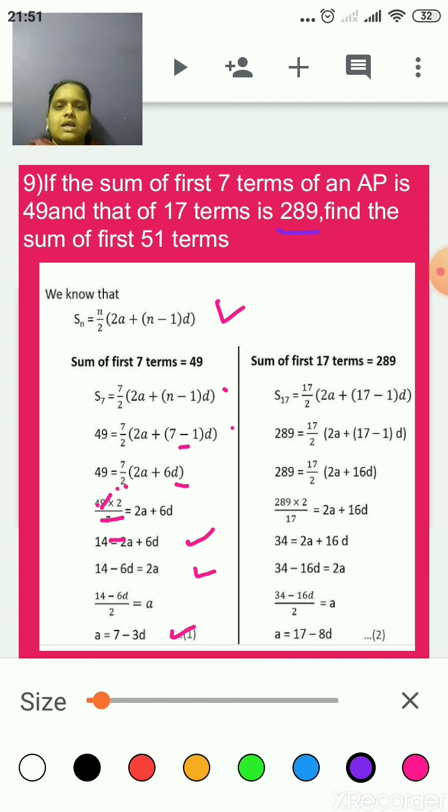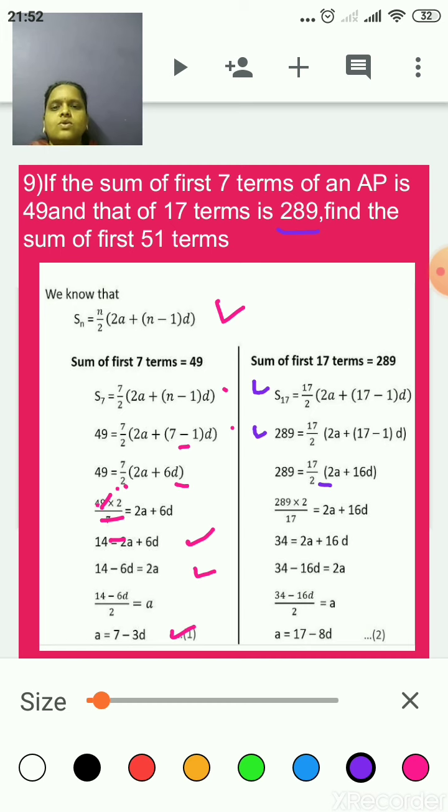For that again I have used the same formula, the same substitution. Now S17 value is given as 289. 17 by 2 in the bracket 2a plus 17 minus 1 into d. 289 equal to 17 by 2 in the bracket 2a plus 16d. Again what we have done, we have taken the 17 by 2 to the other side to make it 2 by 17, correct?